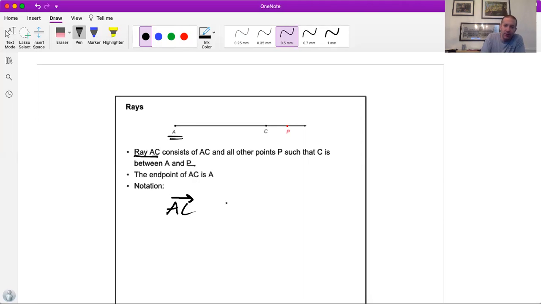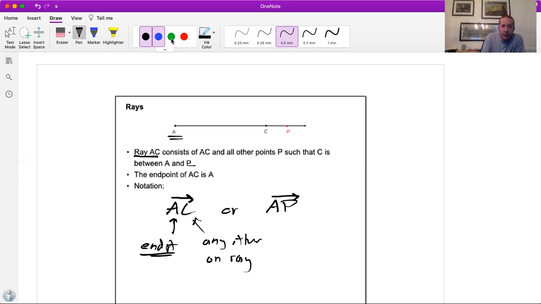There's another way to write this ray that's written up here: you could also write this as ray AP, because it starts at A, that's the first point, and then it goes through P, that's the second point, and it goes on forever in that direction. So just so we know, the first letter in this notation is always the endpoint, and the second letter is any other point on the ray.